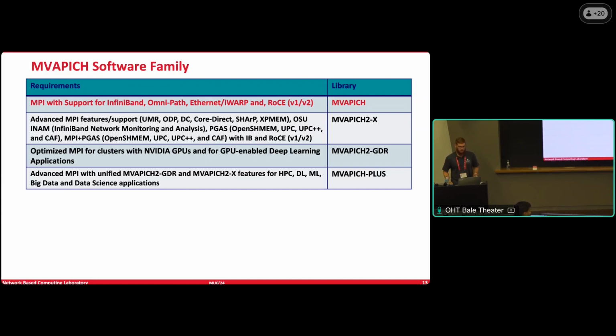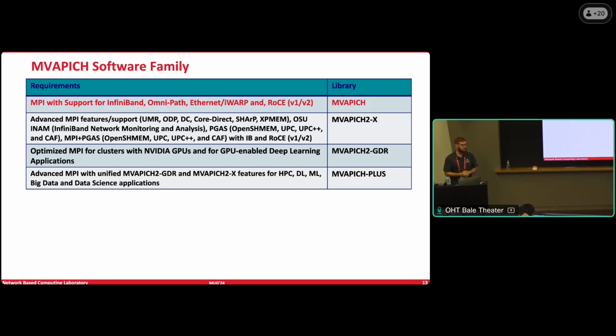Now this provides all of our support for high performance interconnects and is going to have the most broad spectrum support. But we do also offer our MVAPICH 2X version, which is targeted at exascale systems and supports hybrid programming models as well as some advanced features that often require additional kernel modules or other more experimental concepts.